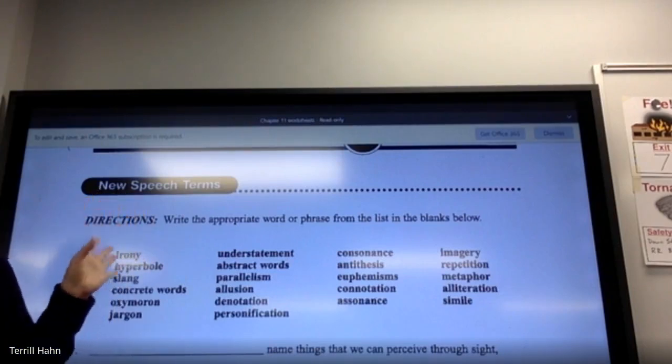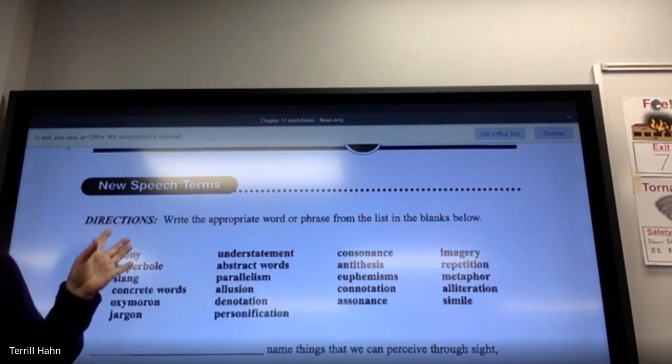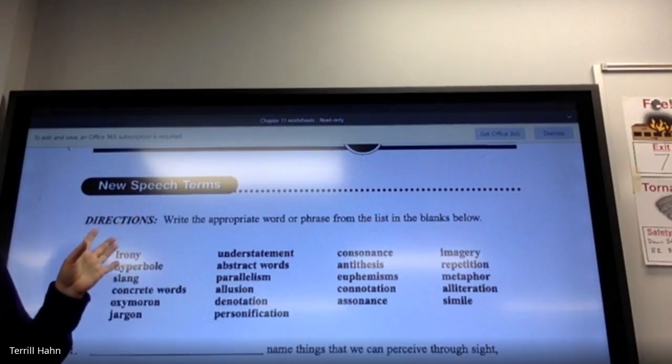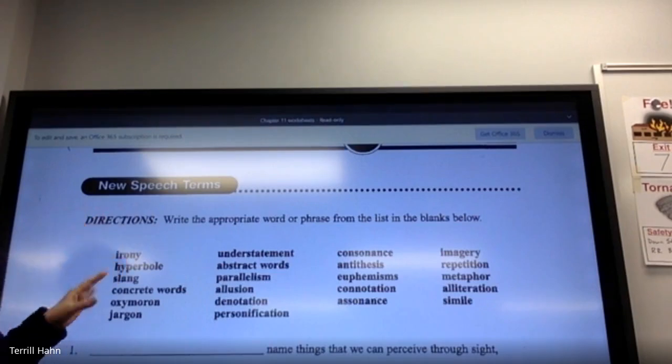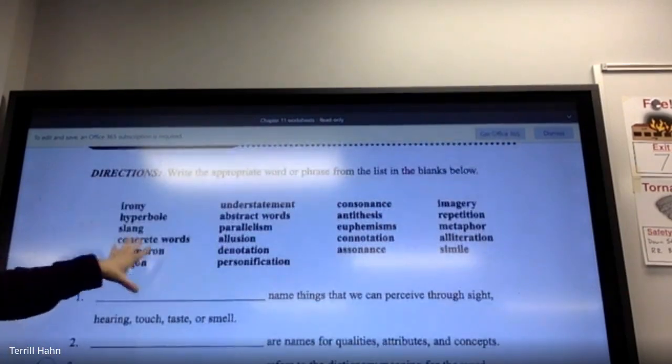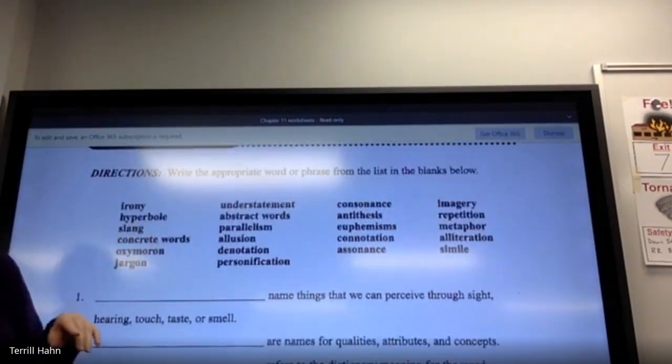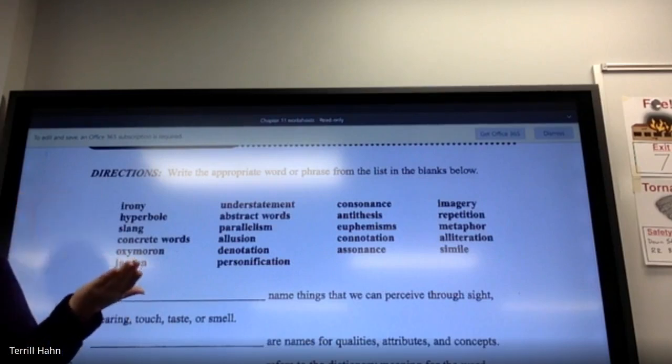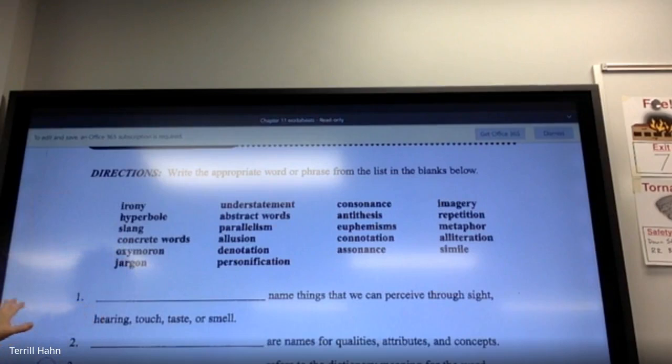Hyperbole, anybody remember what hyperbole is? Exaggeration, okay? That's what hyperbole is. Slang, concrete words, oxymoron. Anybody give me an example of an oxymoron? Jumbo shrimp, where the 2 words seem to be opposite each other. That's an oxymoron.